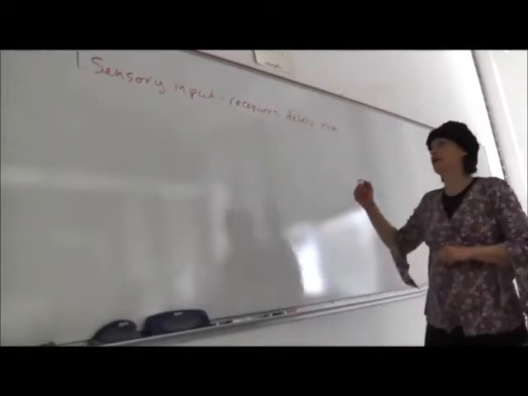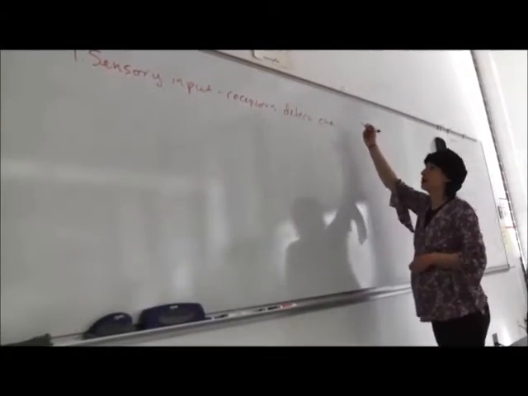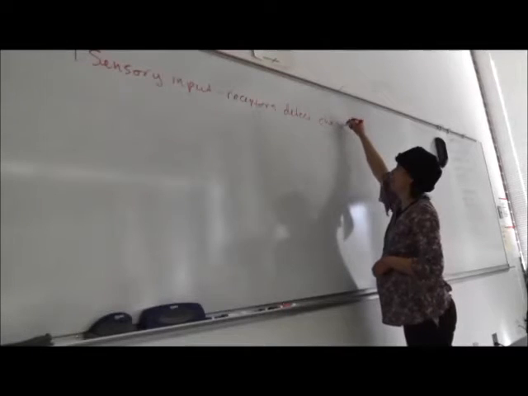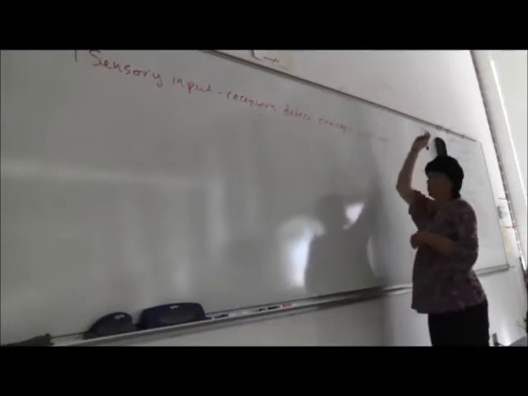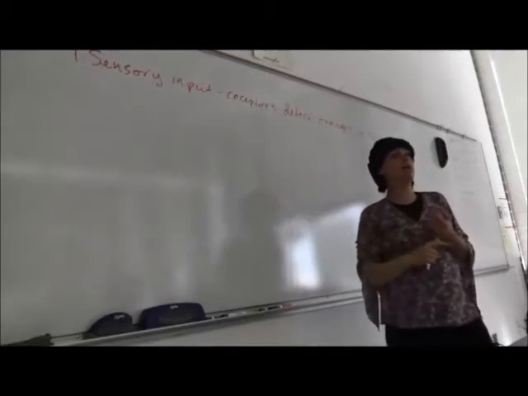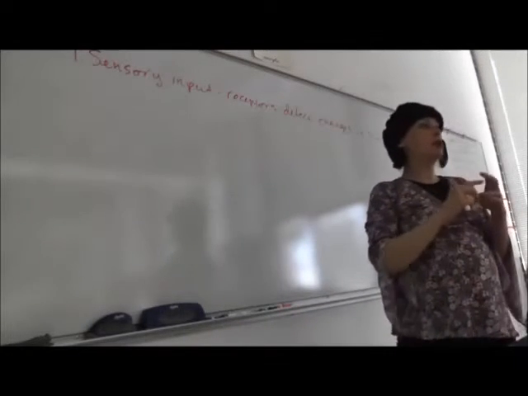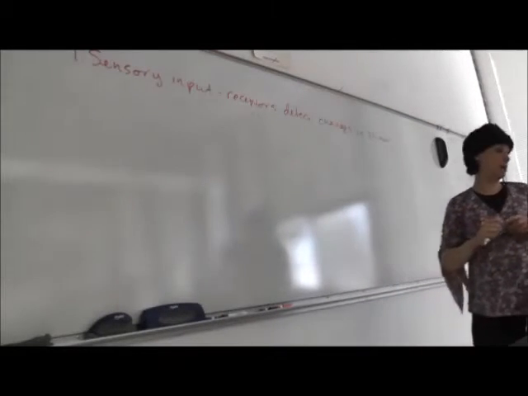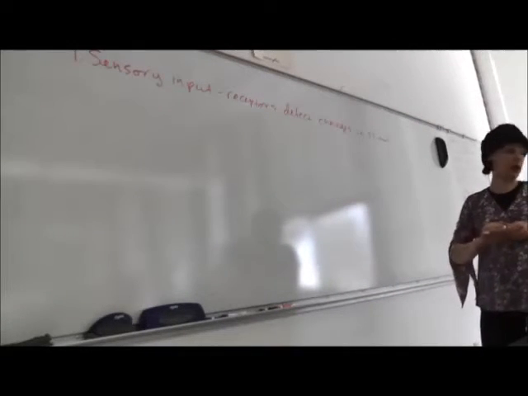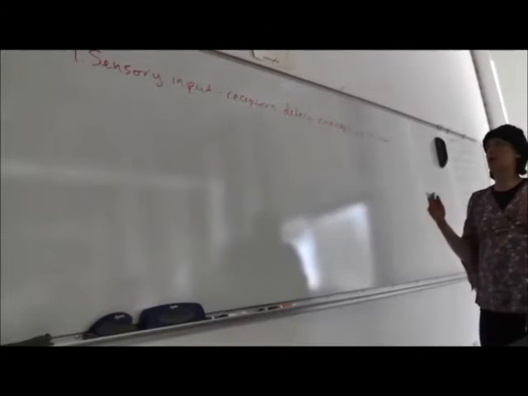All right, so our first function is sensory input, and we've got receptors that detect changes in stimuli. This can be anything from a change in temperature, to a change in stretch, to a change in chemical concentration. We'll talk about all of the different kinds of receptors at the end of the semester when we talk about senses.